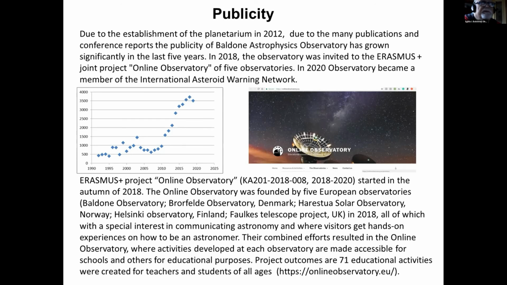This project is devoted to education purposes in astronomy. Project outcomes are 71 education activities for teachers and students of all ages. And here is the Online Observatory link where these outcomes for education and publicity are available.